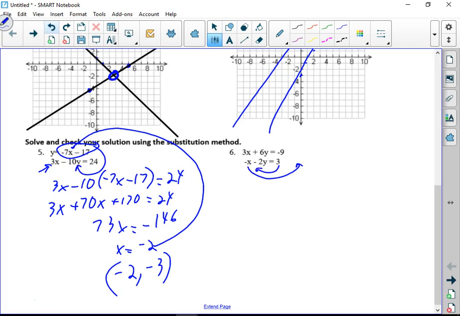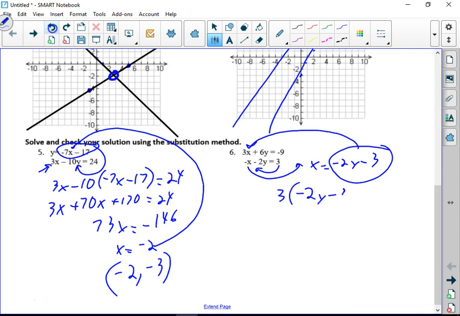Okay? If I move the x over, I'm going to get x equals negative 2y minus 3, which I'm going to plop in right here for x. Again, I use parentheses because I have a coefficient of 3. Negative 2y minus 3 plus 6y equals negative 9. You know you've done it right when you have nothing but the same variable left.